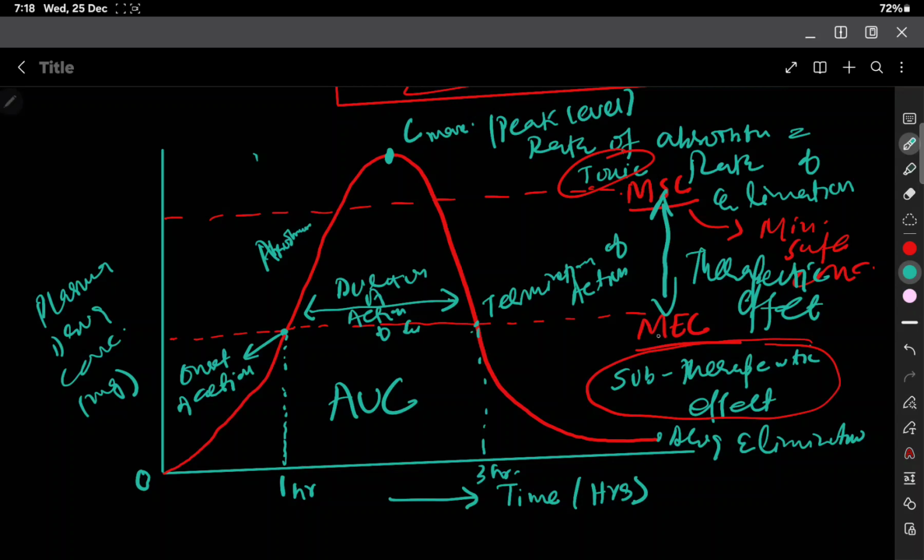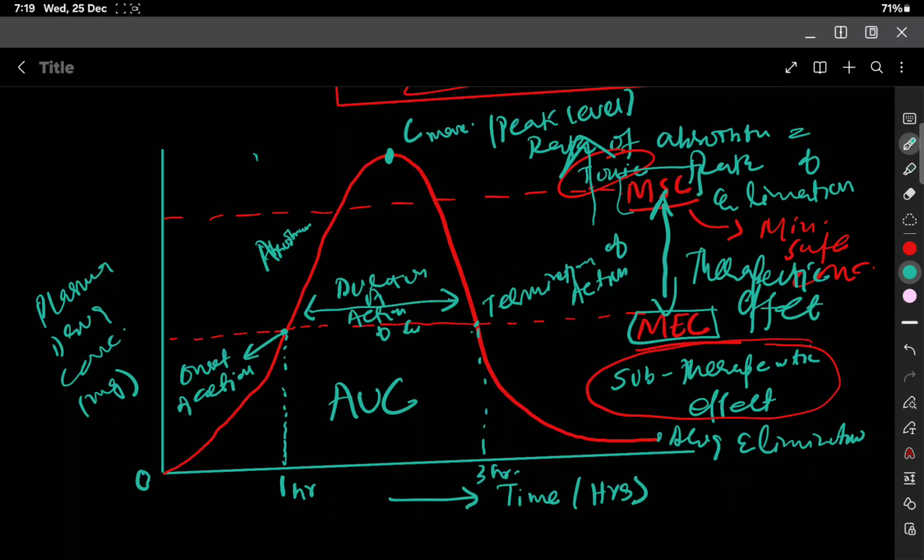So 30 mg will be the minimum effective concentration. So at that point, the drug starts showing its effect. It reaches a point which is called the minimum safe concentration. If it crosses this minimum safe concentration, then the drug is not safe for us. It will show the toxic effect. Okay, so these are the things which we have to understand.